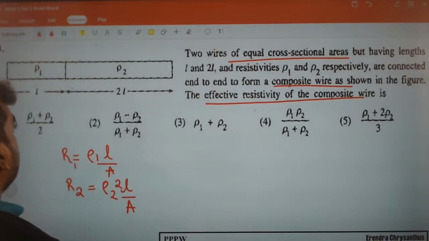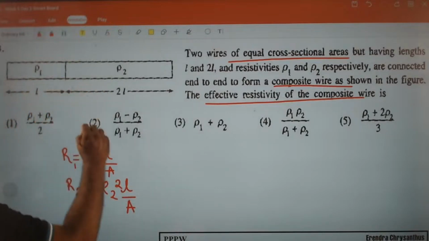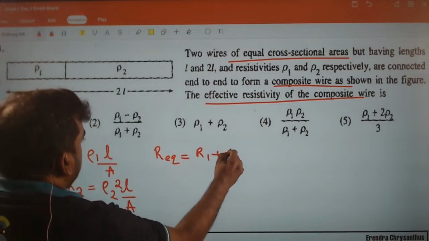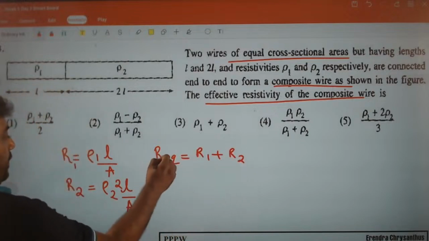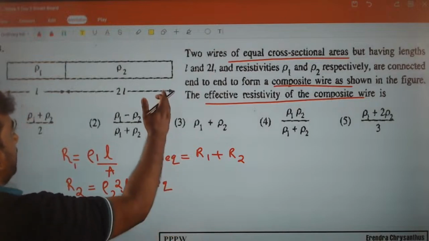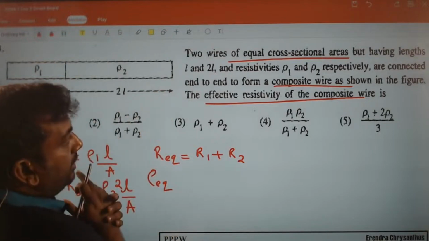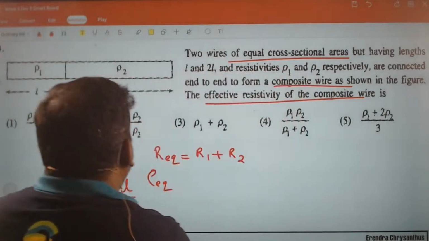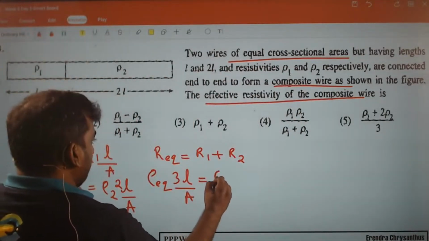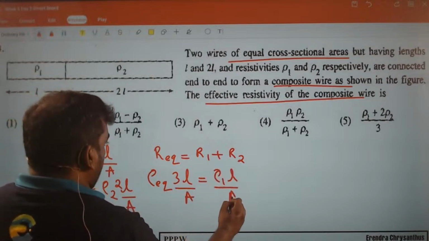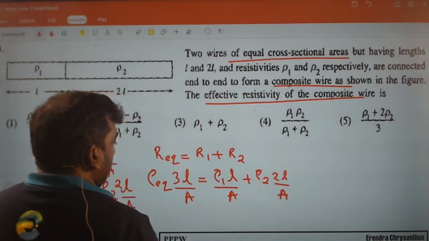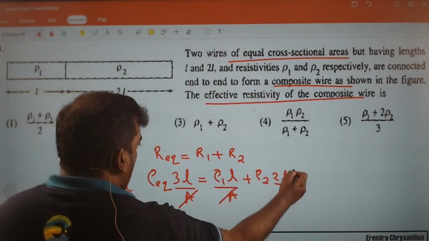Now resistors are connected in series here. So effective resistance is equal to R1 plus R2. Effective, we can say ρ equivalent, length is going to be 3L, area is A. ρ1 L over A plus ρ2 2L over A. All the A's cancel off.